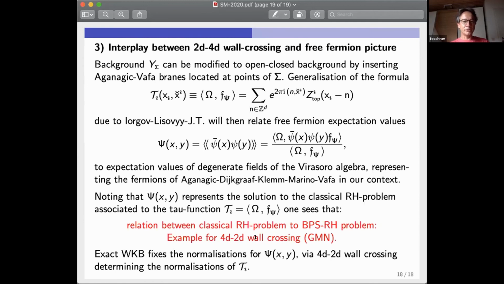But again, I think it's very important conceptually to notice this transformation, which is really the transformation between the quantum world in which these fermions are getting quantum, so they have this wave function story and so on, and the classical world where we have a classical solution to the Riemann-Hilbert problem on the left-hand side.